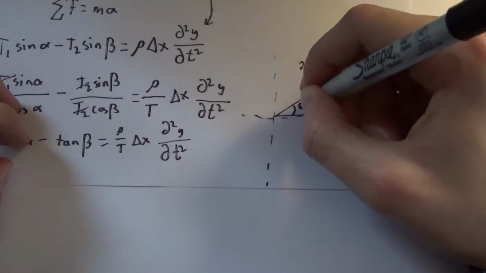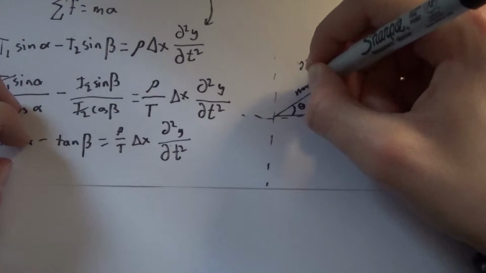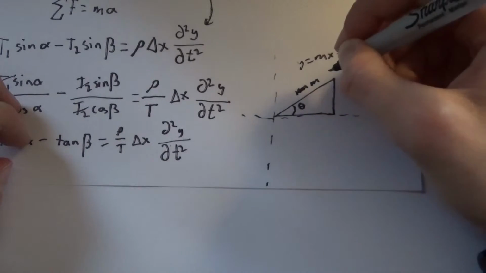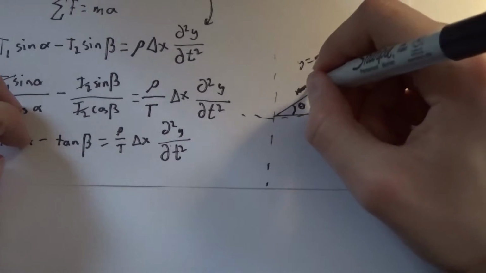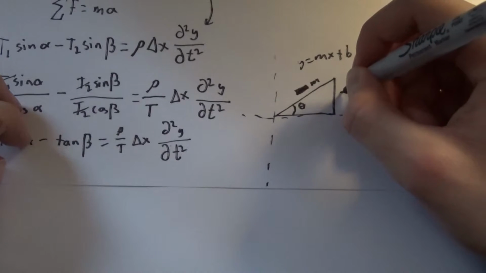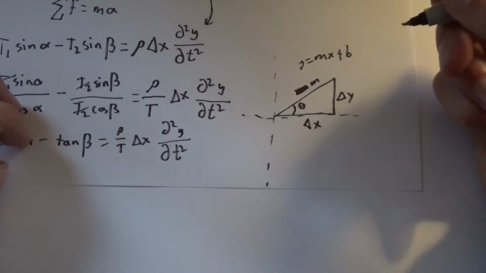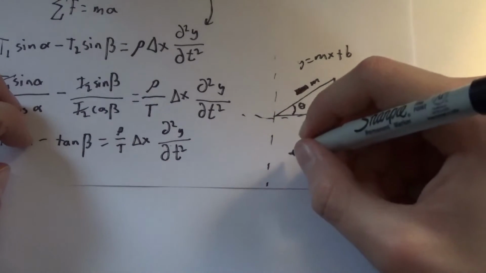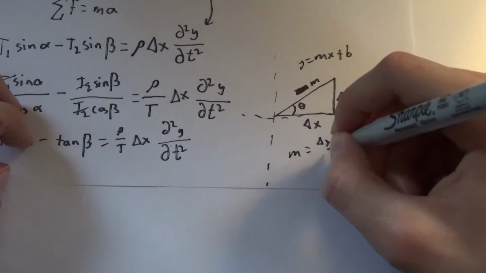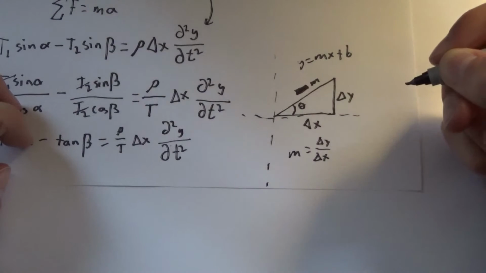This is theta. This has a slope m. Anyway, it has a slope m, and this is delta y, rise, and this is delta x, run. Rise over run is m. So we can write that m equals delta y over delta x.